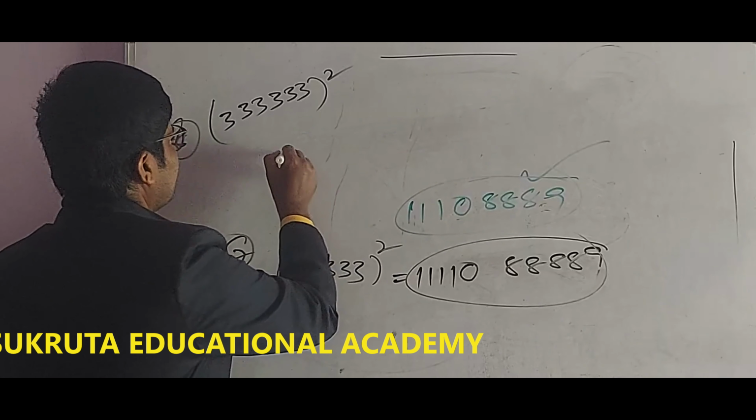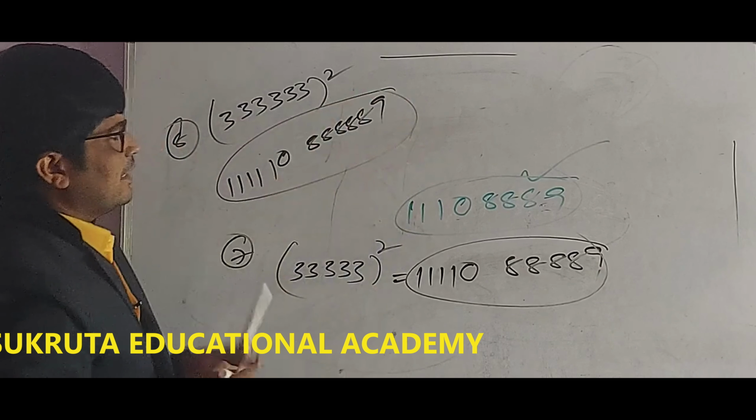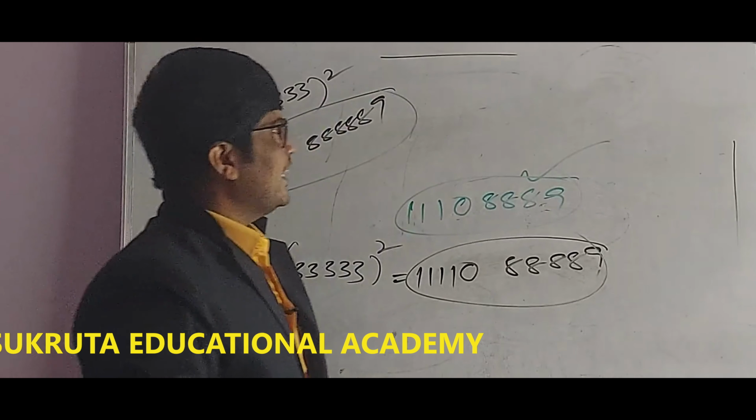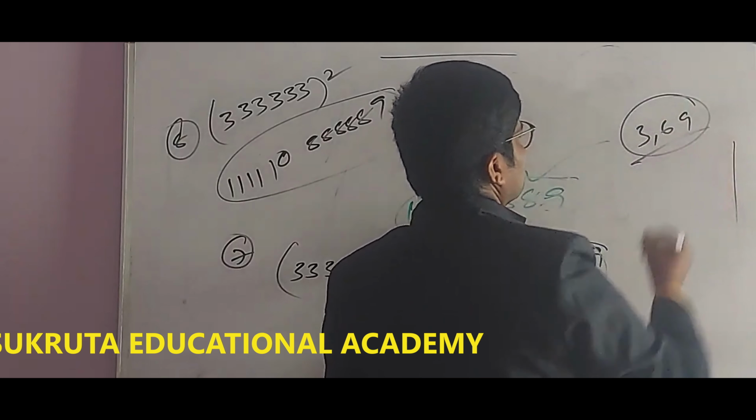There are 6 digits, so we have to take 5 eights here and 5 ones. So this is our answer. In such a method we have to follow any kind of question. So these squares of repeated digits are very, very important. Many times questions are given from this topic. Thank you.